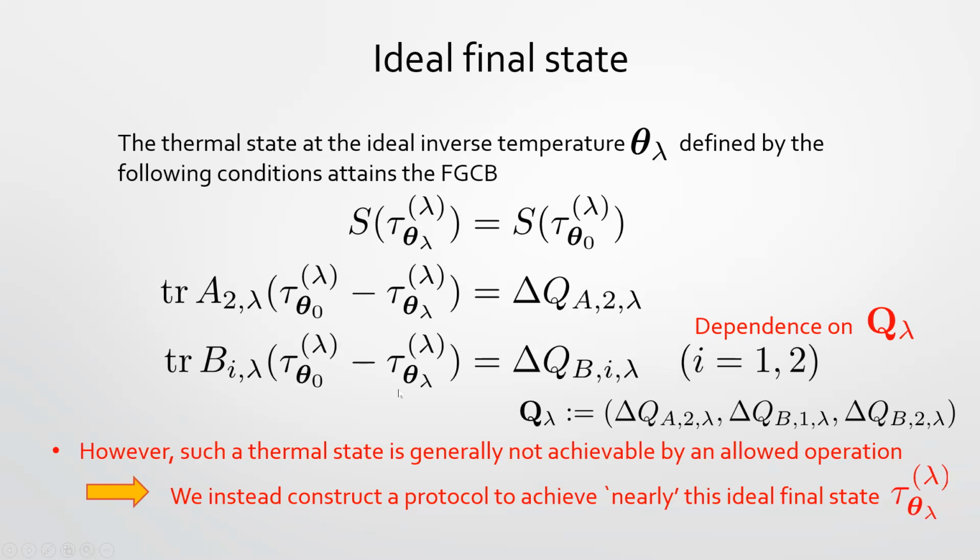This is the ideal state. Of course, if we replace this one with the real final state, we have this equation in the same way here. But this equation does not hold, I think. This equation does not hold, but this one should hold.